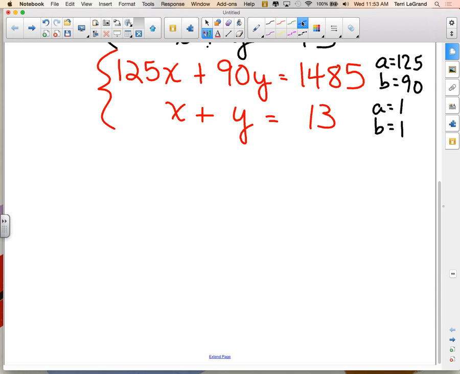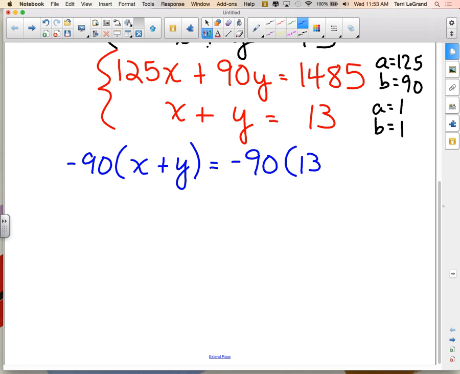So which one should we do? Should we do the 90 because it's a little bit smaller numbers? Okay, so let's take the second equation and multiply it by 90. Or what? Negative 90 it has to be, doesn't it? So the second equation is going to get renamed multiplying both sides by negative 90.